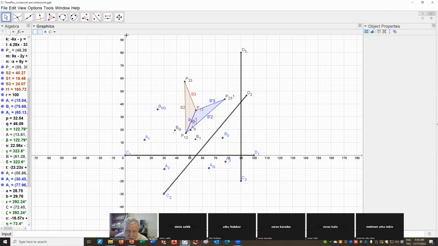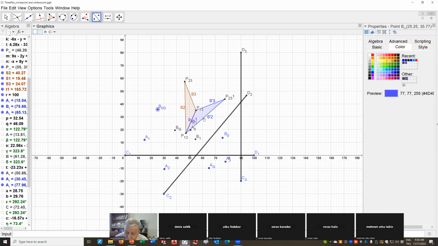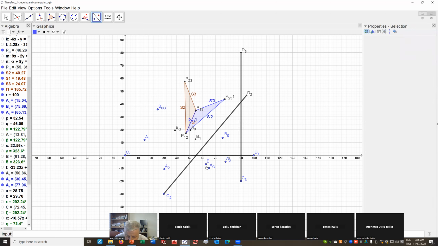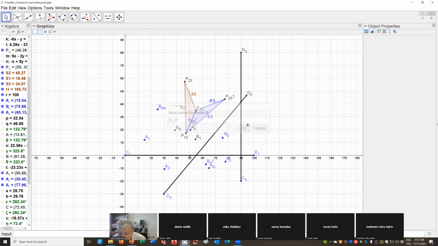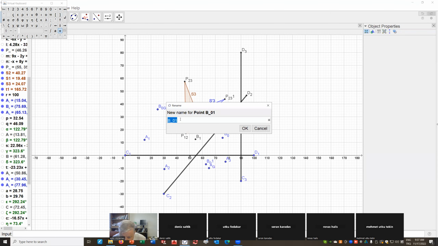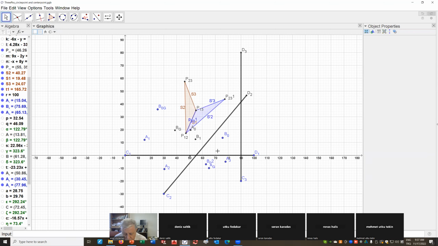If I take the image of B0G with respect to side 2, this point will be B01. Sorry, B02. I'm sorry. So this is 2.